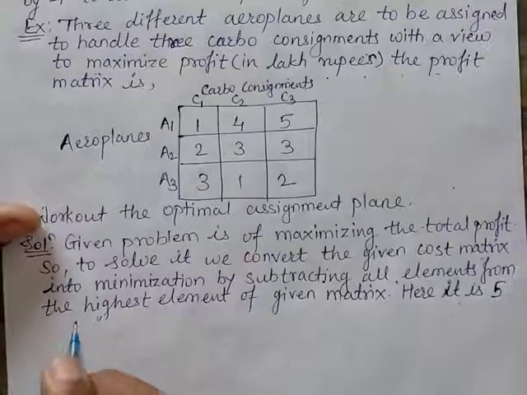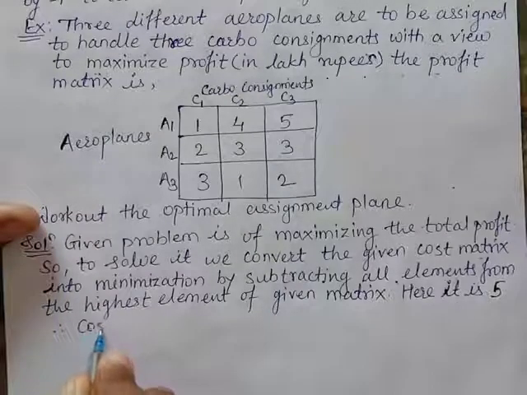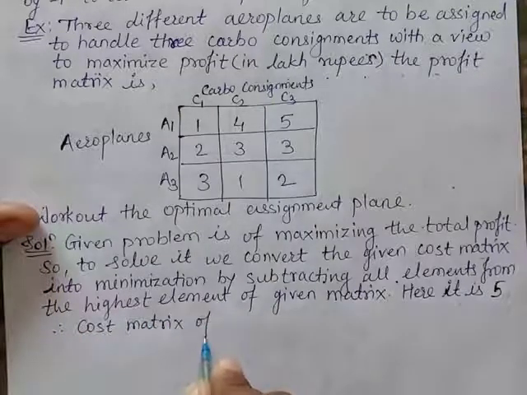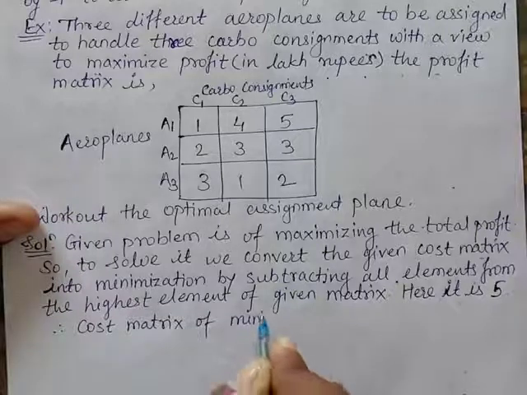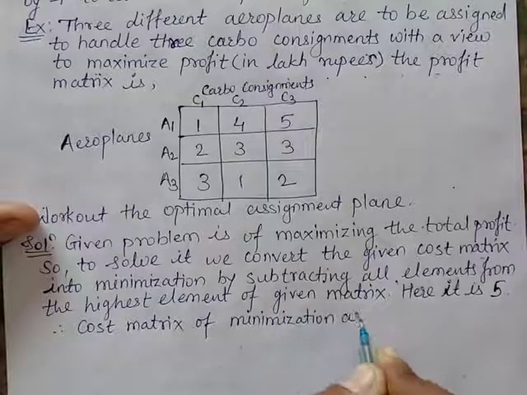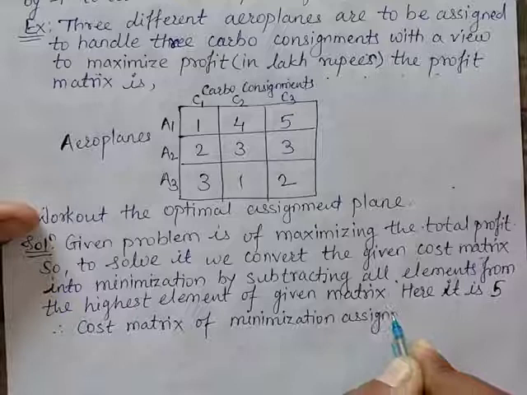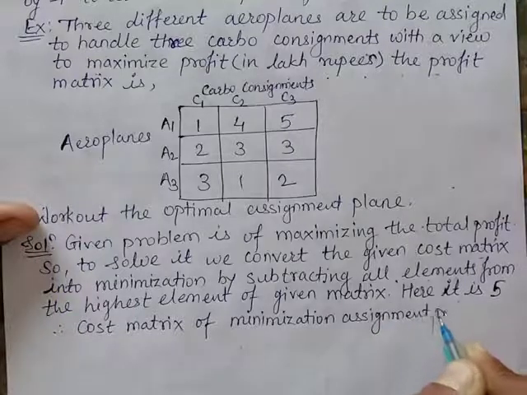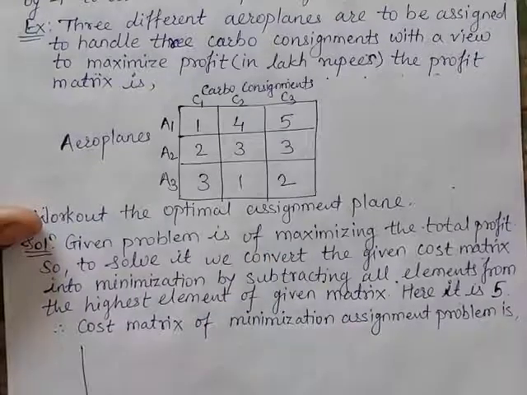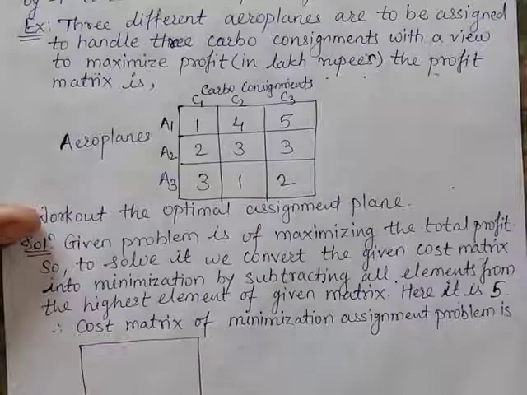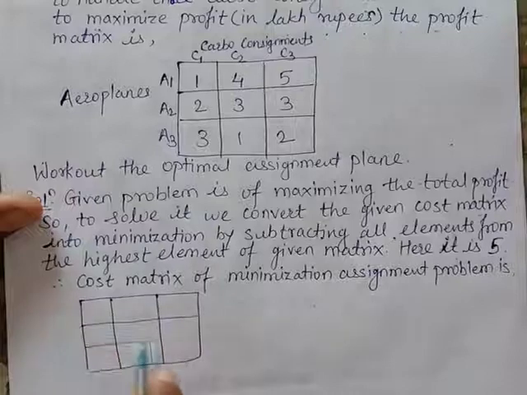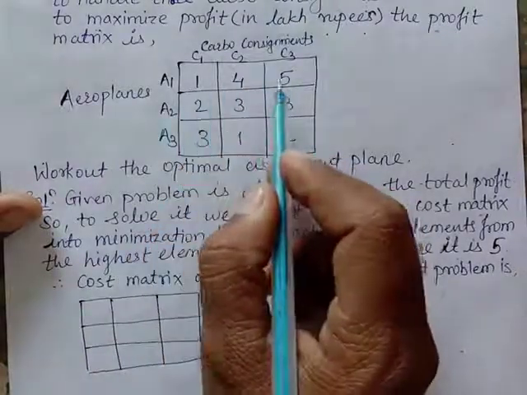Therefore the cost matrix of the minimization assignment problem will be: we have to subtract each and every element from this 5.